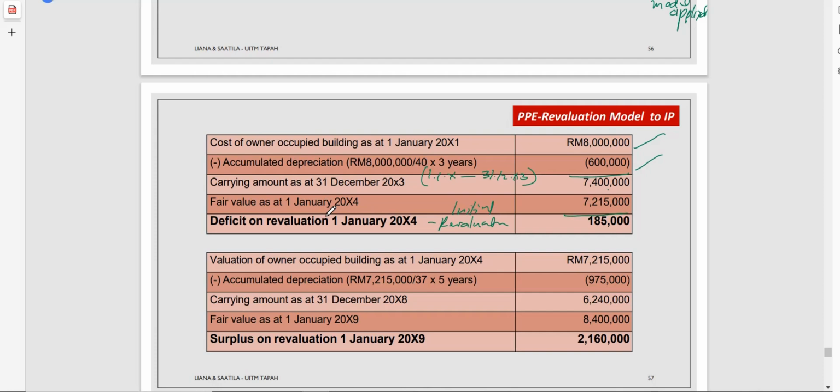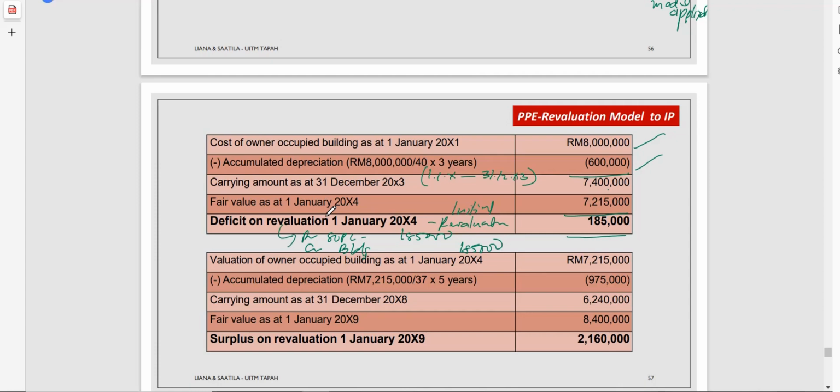and then it will be compared with the fair value 7.215, and that will give you the first deficit on revaluation, where you will debit your statement of profit or loss with 185,000, and you would credit your item here, building, 185,000, and this is showing the deficit.